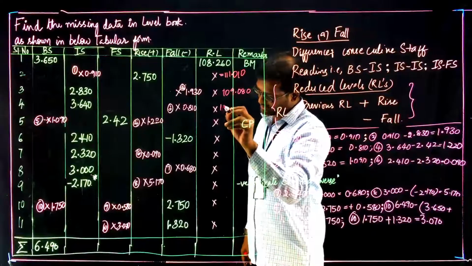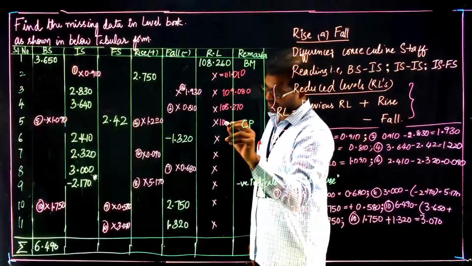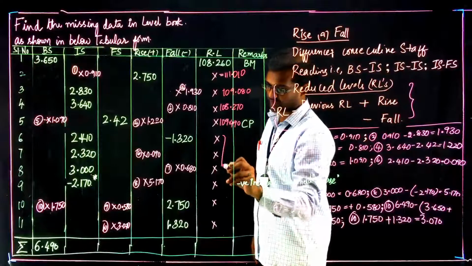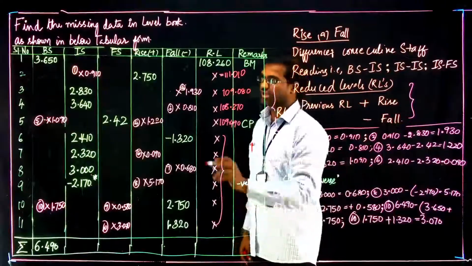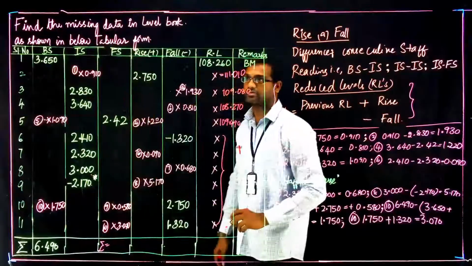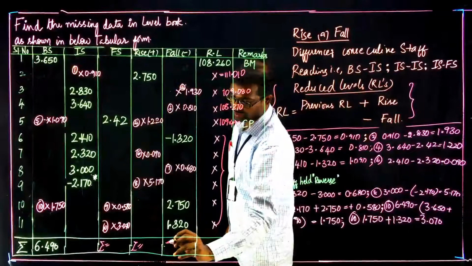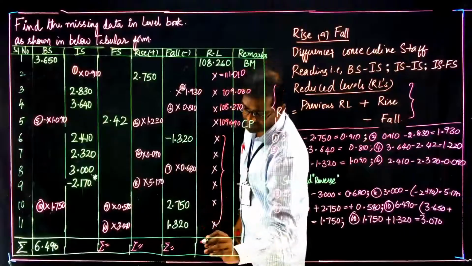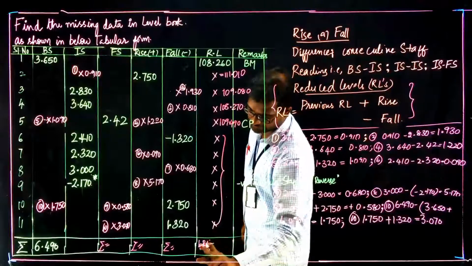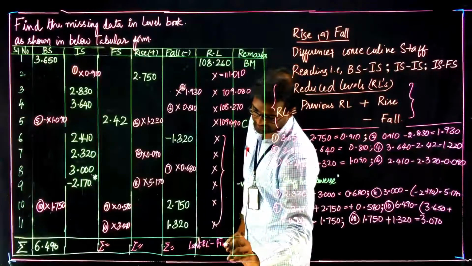Similarly, this value is 108.270 and this value is 109.490. So please calculate from here to here and check the summation of foresights. You need to add all foresights, add all rises, and add all falls. Last reduced level minus first reduced level.